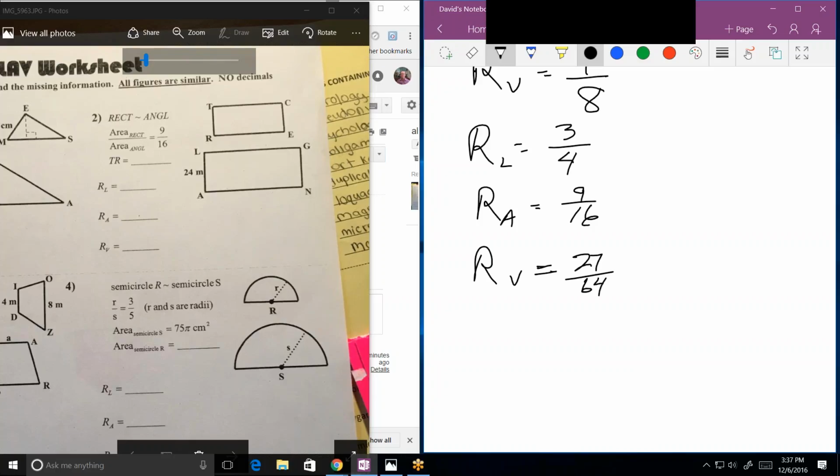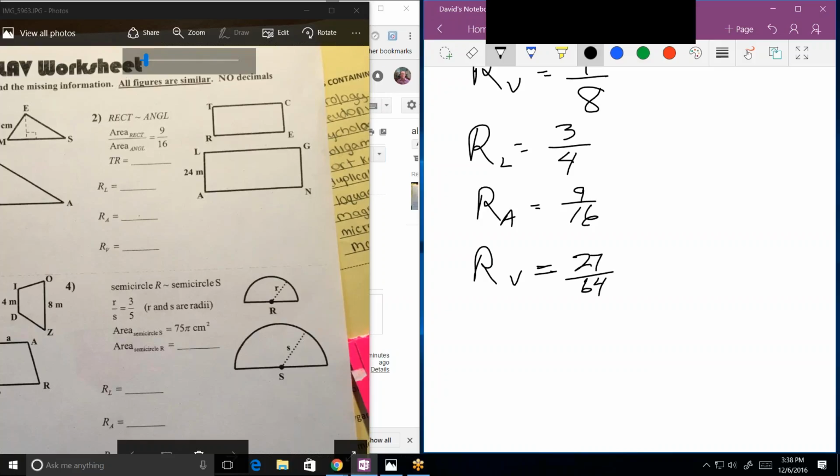So now they want TR. Well, if you look at TR and compare it to LA, what kind of ratio is it going to be? Is it going to be linear like R sub L? What's the equation that it's going to equal? It's going to equal 3/4 times x.